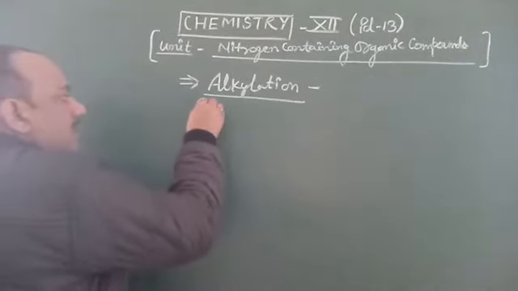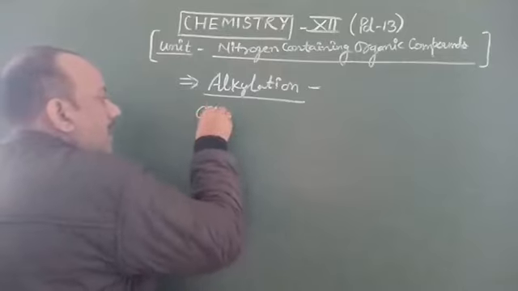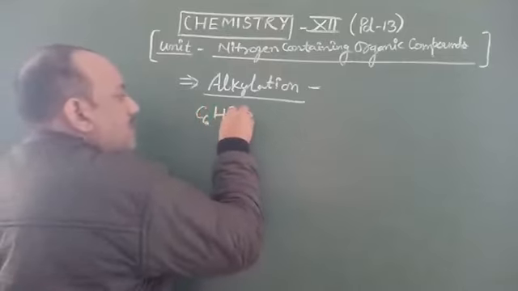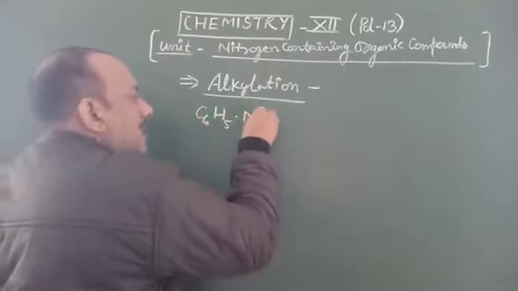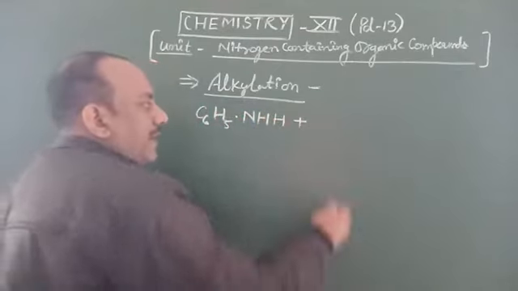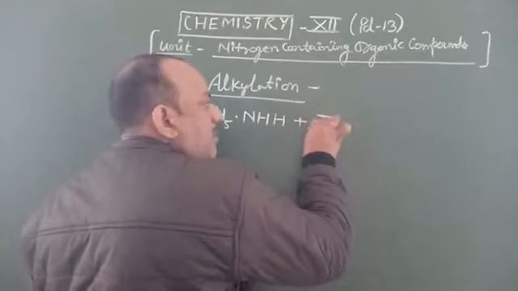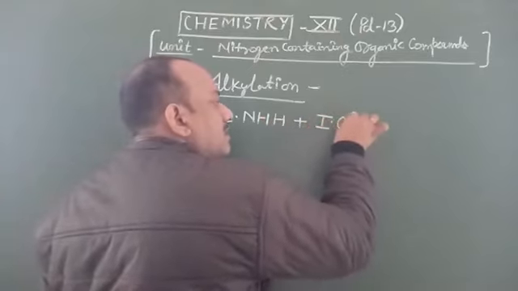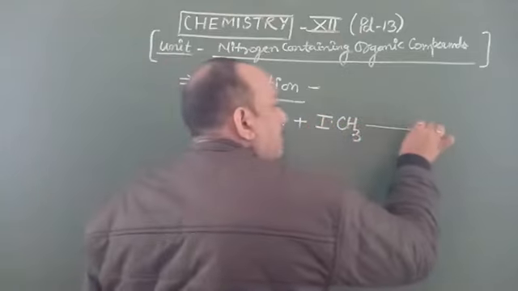Aniline, C6H5NH2, also written as C6H5NHH. It reacts with methyl iodide. The formula of methyl iodide is CH3I.